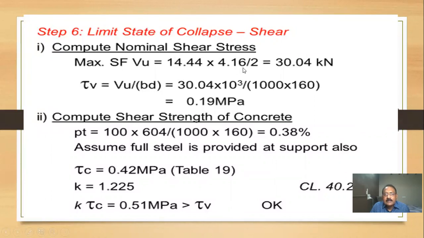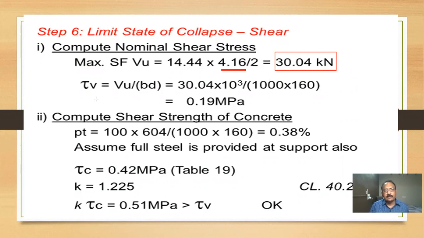So this effective depth is less. That's why here, constant 4.44 into 4.16 by 2, that is 30.4 kilonewtons, right? So here slab effective span equal to 4.16 meters.